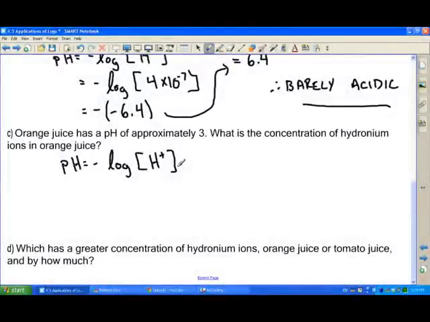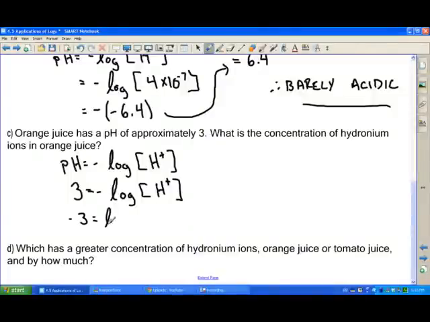Orange juice has a pH of 3. We'd like to figure out the concentration of hydronium ions in orange juice. So I'm going to bring the negative over to the other side. Then I'm going to rearrange this like an exponential.